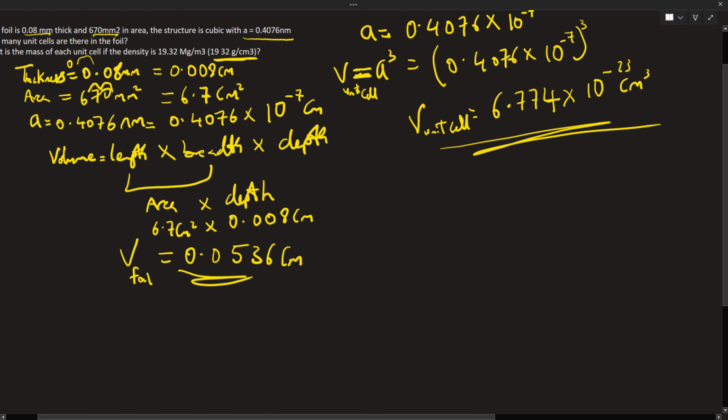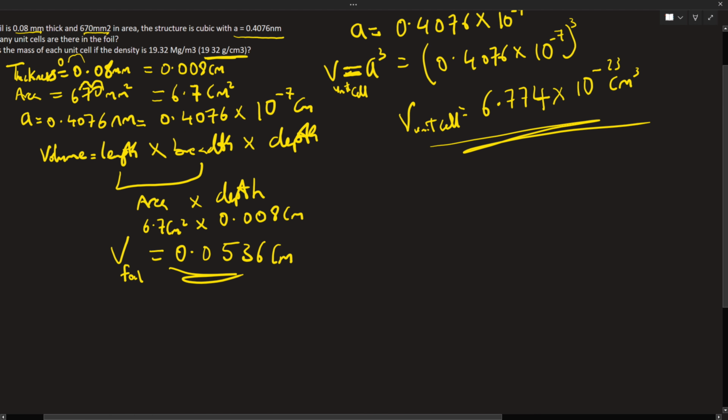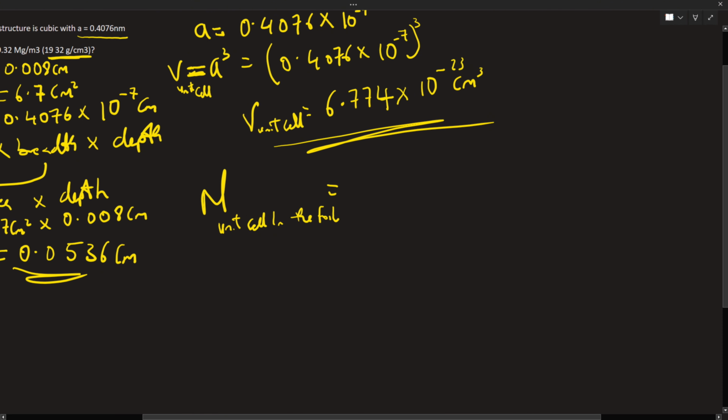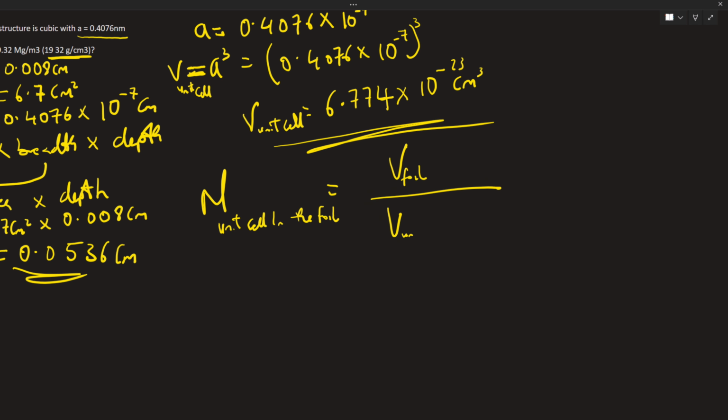Next, we have to look for the number of unit cells in the foil. So the number n of unit cells in the foil is equal to our volume of foil over our volume of unit cell.